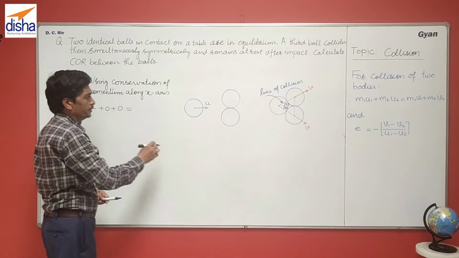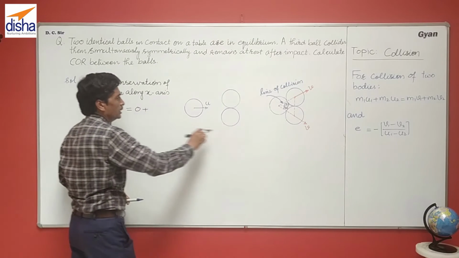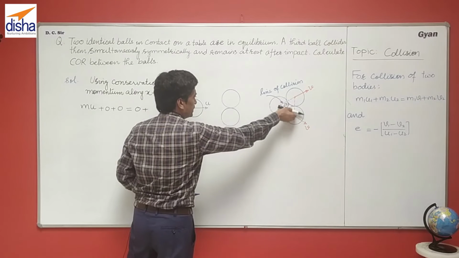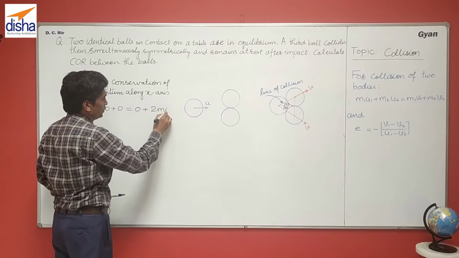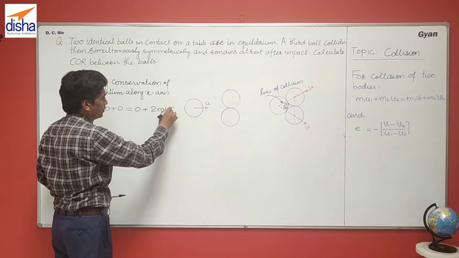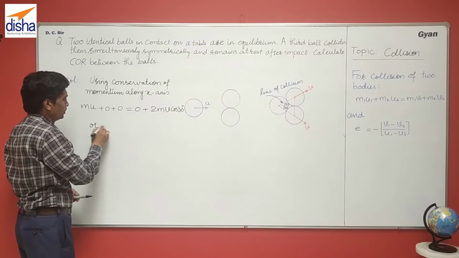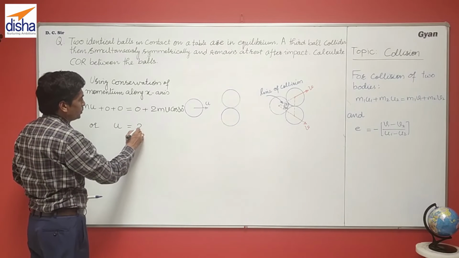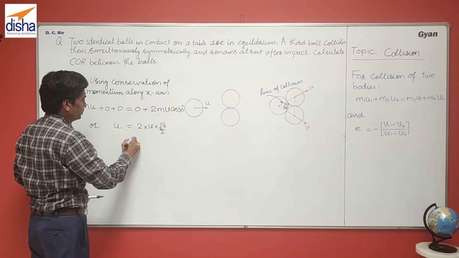After collision it stops, so its momentum is 0, plus the momentum of these two along this x-axis, so it will be 2mv cos 30, where v is the speed of each one after collision. So u is equal to 2 into v into root 3 by 2, since cos 30 is root 3 by 2, so it will be root 3 v.